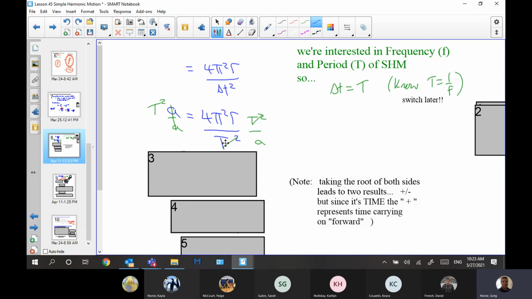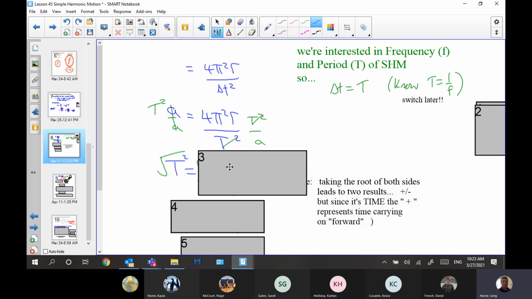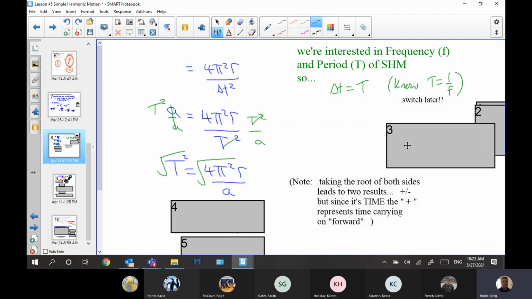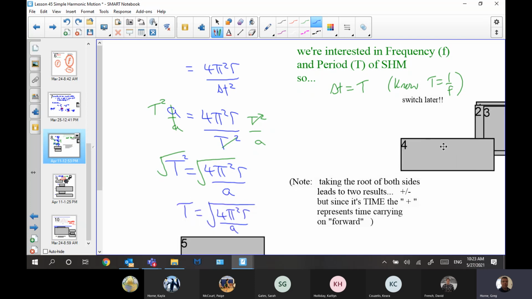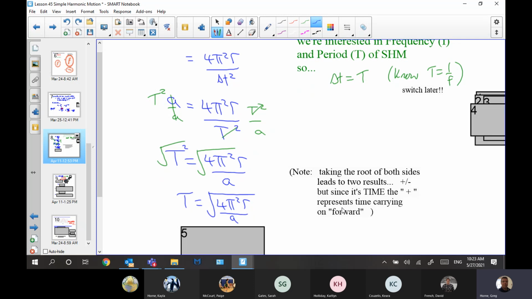I've multiplied period squared on both sides and divided by the acceleration on both sides. That way we have the period squared equation. Period squared is going to equal 4 pi squared r over acceleration. Since we want the period, we root both sides. So that gives us a period equation.